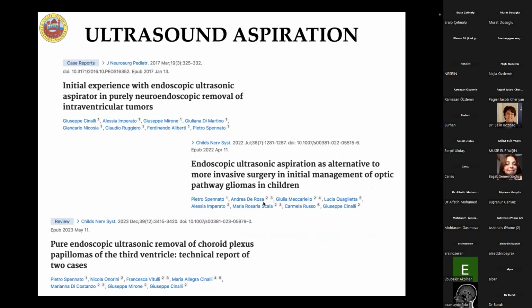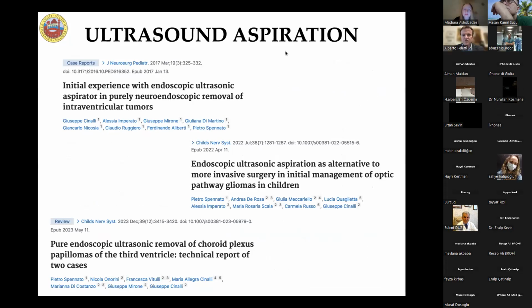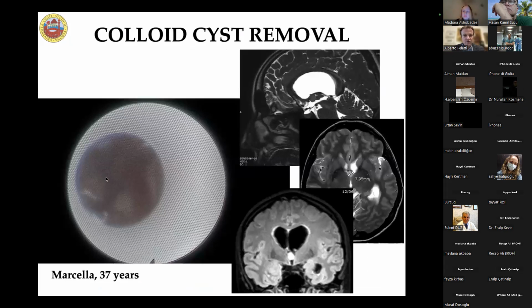There are several experiences in the literature. This is an example of coupling different techniques, endoscopy and an ultrasound aspirator, which is very common in open surgery, and we can have many good results with this.